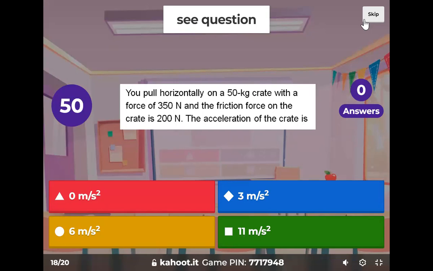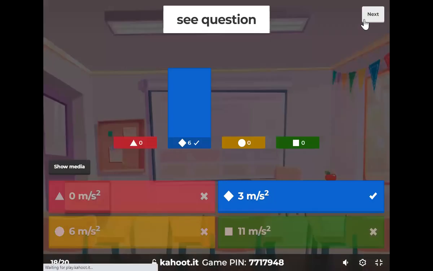What's the acceleration of that crate? All right, nice, nice. You guys all got that?